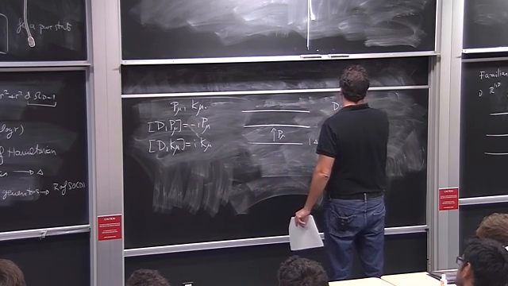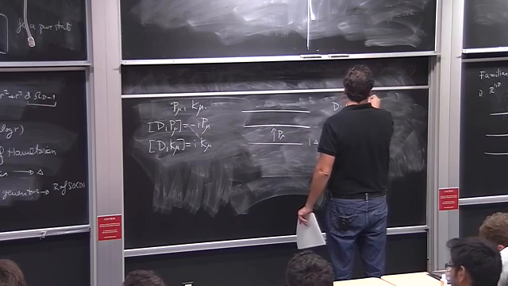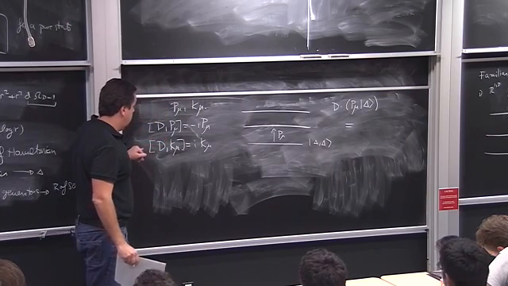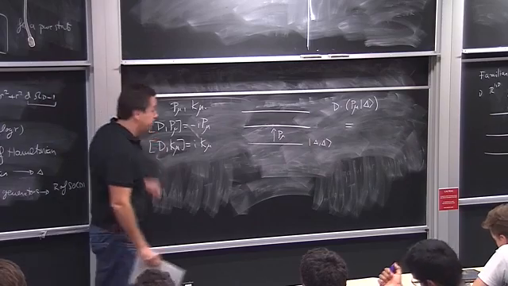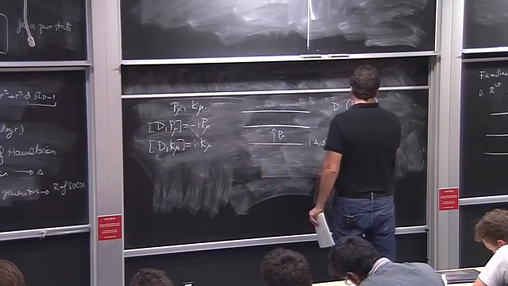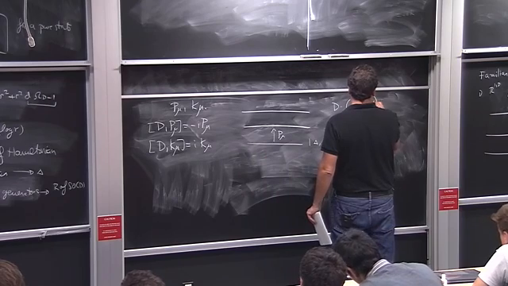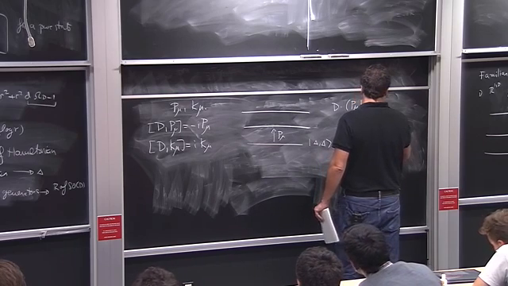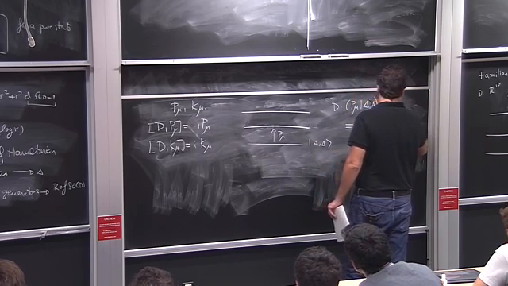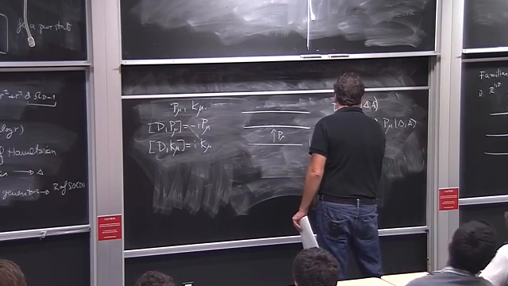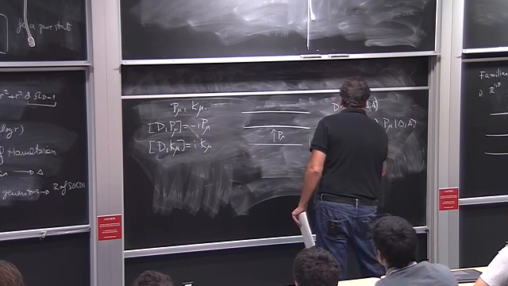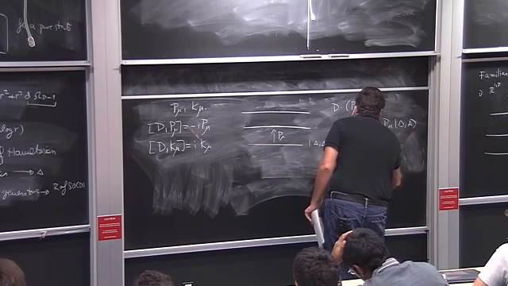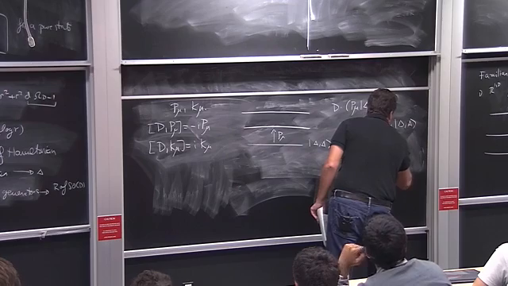If I act, it just follows trivially from here that this guy will have dimension raised by one. While if I act with K mu, the special conformal generator, it will lower the dimension by 1.